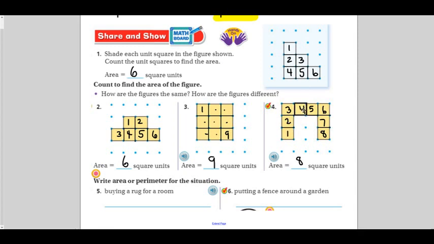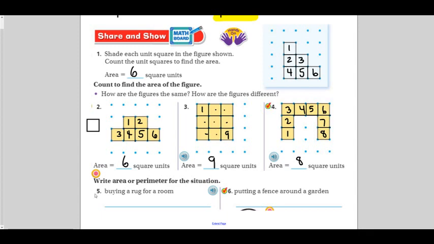The unit square for each of these is the same. And then how are the figures different? Well, of course they have different configurations. This is just a square, and then we've got 2 different types of objects right here.